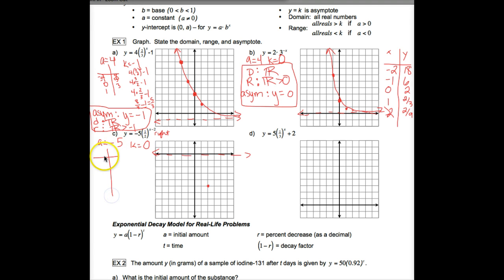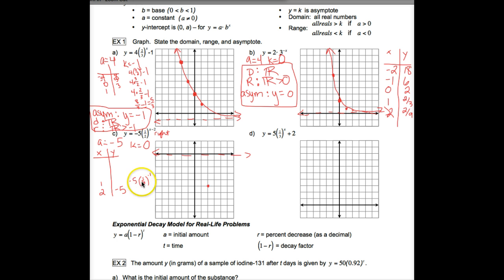I've already got when x equals 2, y is -5, so let's plug in 1. When x is 1, I've got 1/2 to the 1 minus 2, which is -1. So -5 times 1/2 to the negative first power. 1/2 to the negative first is just 2.